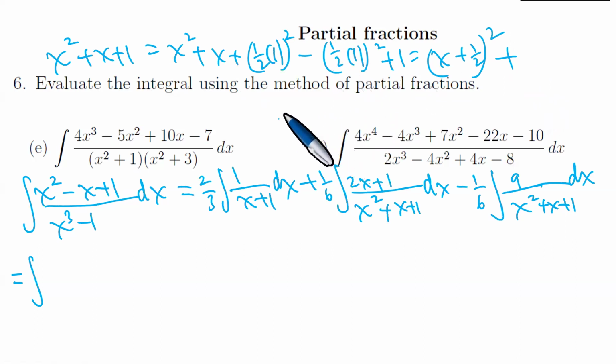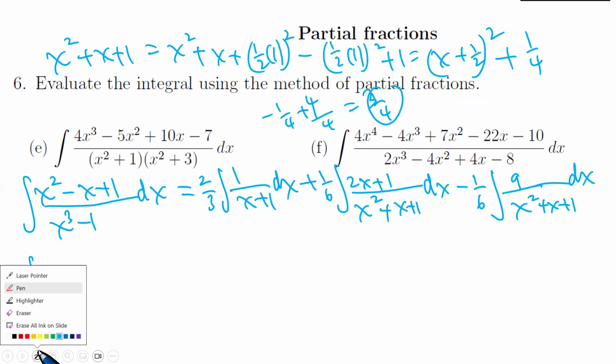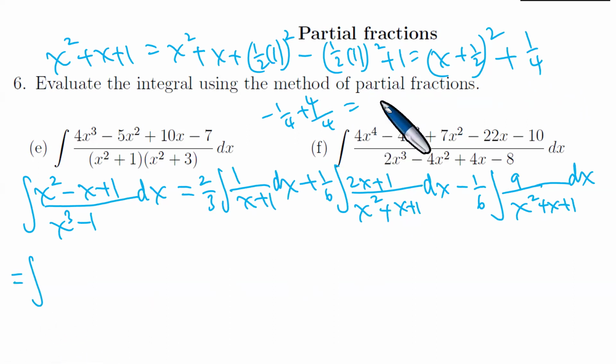The 1 is like 4 out of 4, so from 1 you remove 1/4, then you must get 3/4. So here you get exactly 3 out of 4.